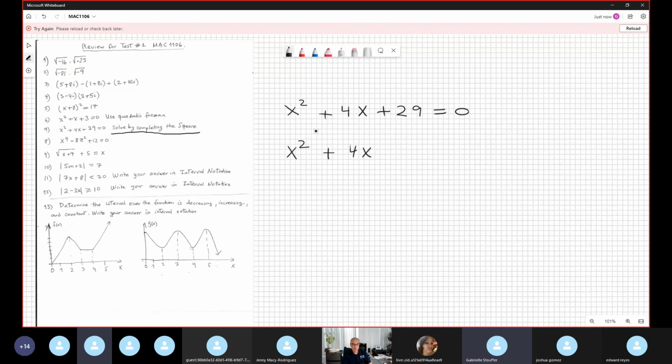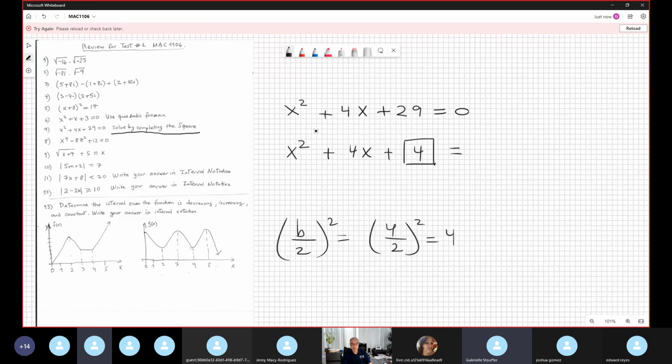We investigate what is the number that completes the square. It is b over 2 squared. b is 4 in our problem. 4 divided by 2 is 2, squared 4. It's a coincidence. If this number is not 29 but 4, I finish, it's super easy. But unfortunately, no, it's 29.